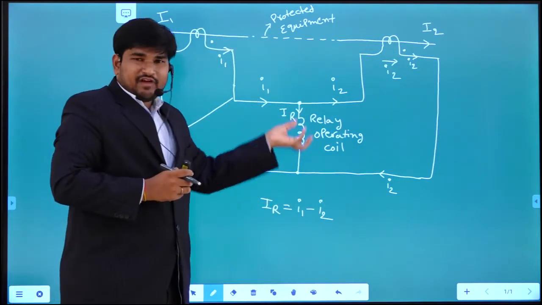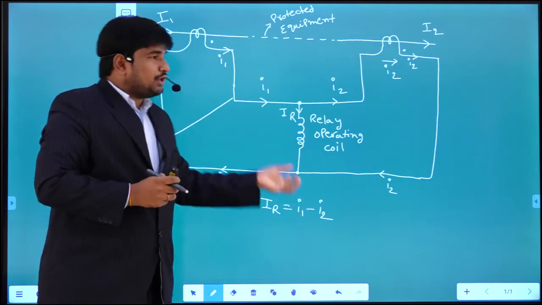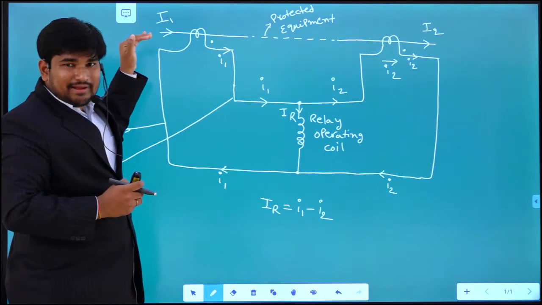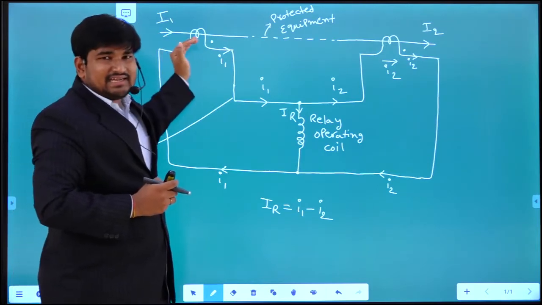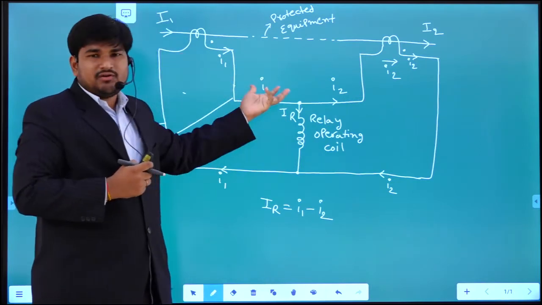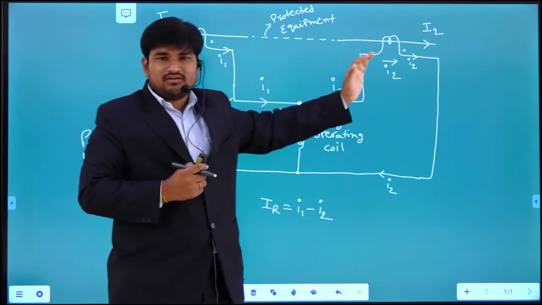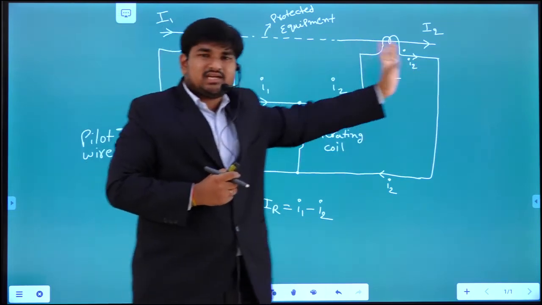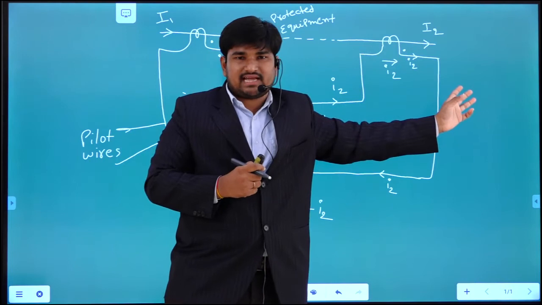So, if we are comparing these two during normal operating conditions, the current is equal at input and output. In case of a feeder also, the input current has to be equal to the output current, even though the line is some hundreds of kilometers long.